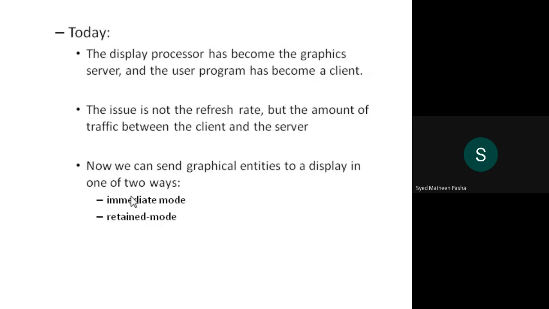What happens in immediate mode is, basically, as soon as the program executes a statement, if you have some statement in the program which needs to be executed, as the program executes that particular statement, it basically defines a primitive. So what is that primitive? This primitive is basically sent to the display, hence the memory is not required to store display information. So this is an advantage of using immediate mode. You can actually reduce the memory here.